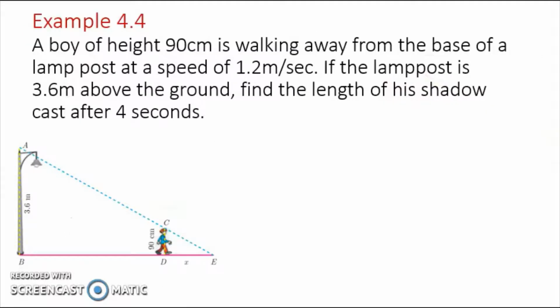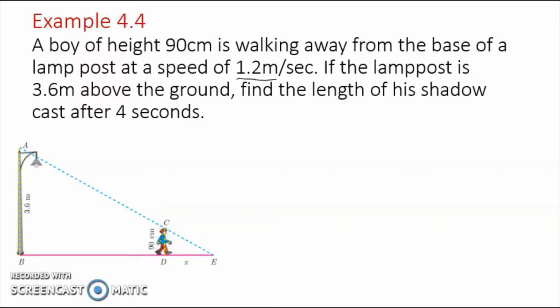Okay. In this example, the question is, a boy of height 90 centimeters is walking away from the base of a lamppost at a speed of 1.2 meters per second. If the lamppost is 3.6 meters above the ground, find the length of his shadow cast after 4 seconds. So the boy is walking from the lamppost in this direction. Now his speed is 1.2 meters per second.